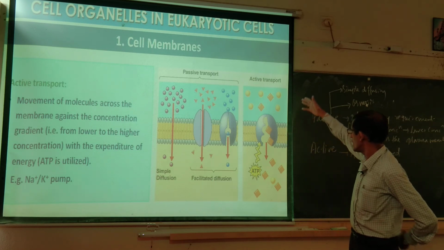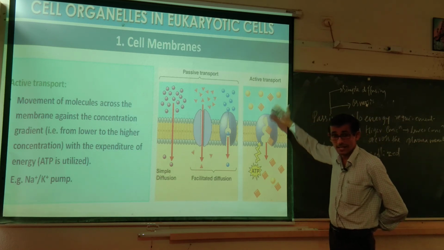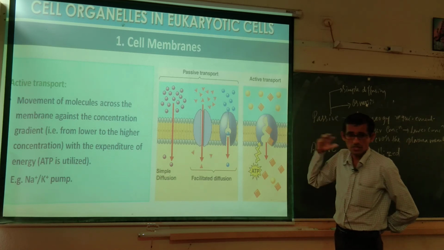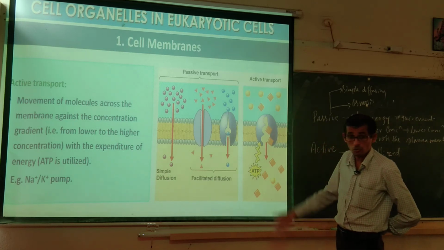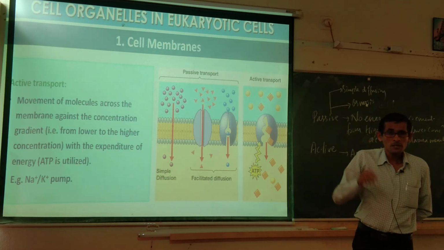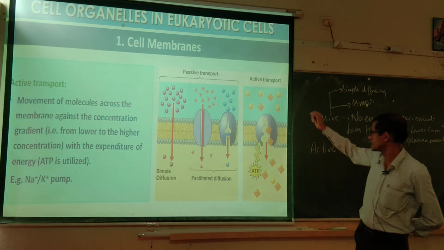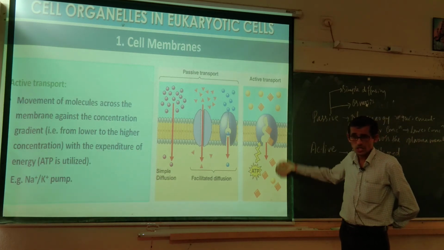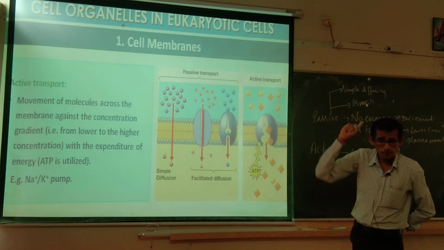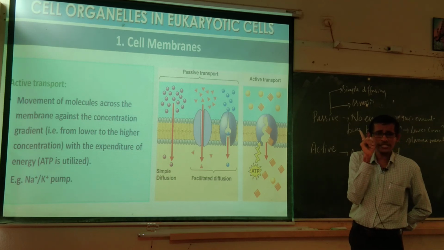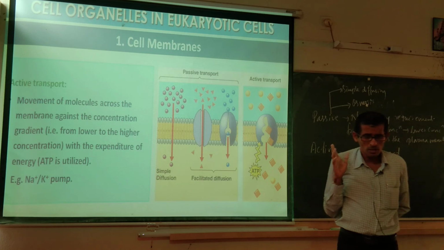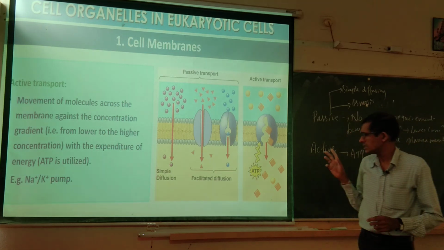So here, outside the cell membrane there is a low concentration of a particular molecule and inside it is high, yet the cell needs it for its functions. In that circumstance it is going to take that additional number of molecules across the membrane, of course through the protein channels, by the expenditure of energy, that is the ATP. That is what active transport. Okay, that is active transport.